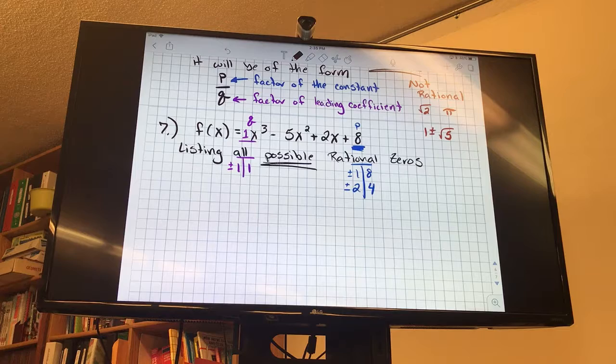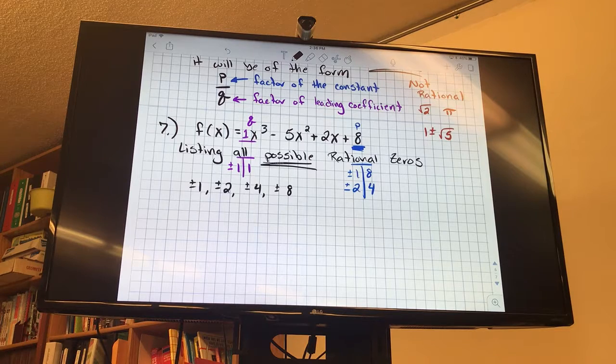So I take 1 divided by 1, that's 1. Negative 1 divided by 1, so I can just write plus or minus 1. Then 2 divided by 1, plus or minus 2. Then plus or minus 4 divided by 1, and 8 divided by 1.